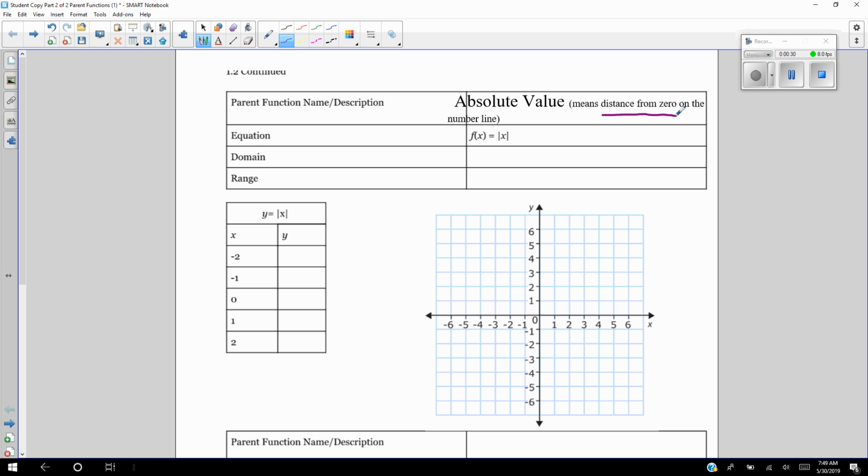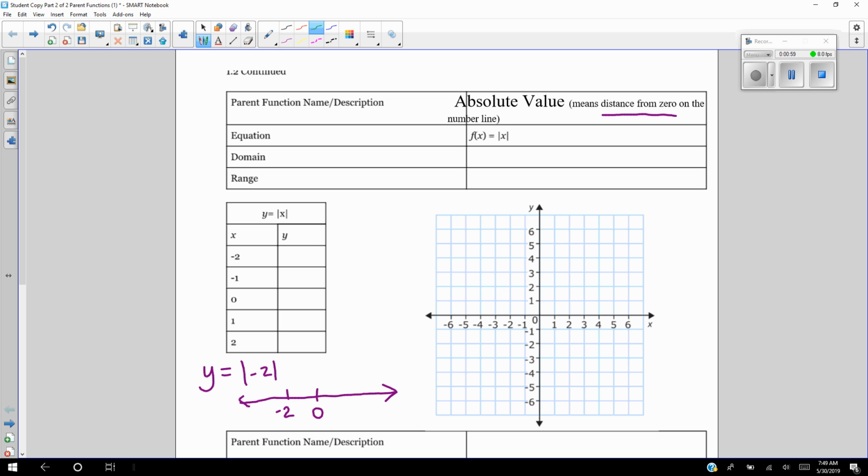So as we go over here and make our table of values for the absolute value function, the first number we're inserting in for x as our input is -2. And if we look really quick at a number line, think to yourself, how far is -2 actually from 0 on the number line?